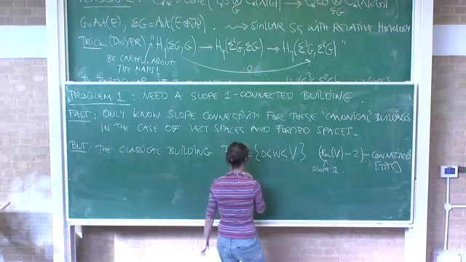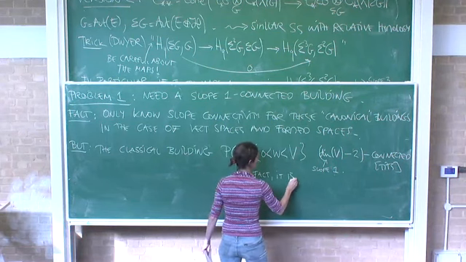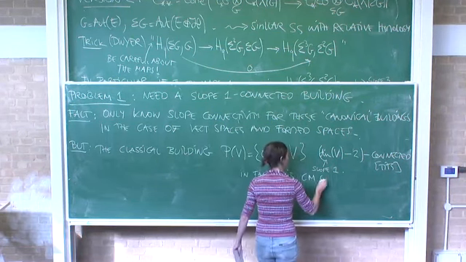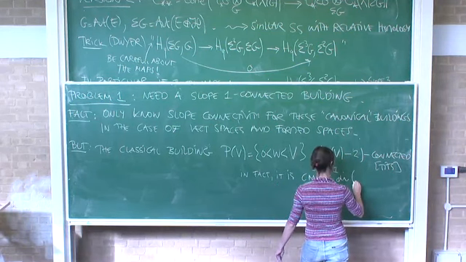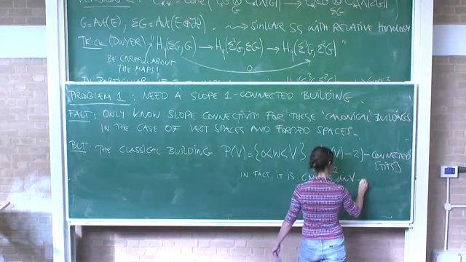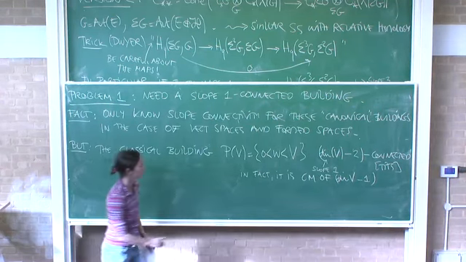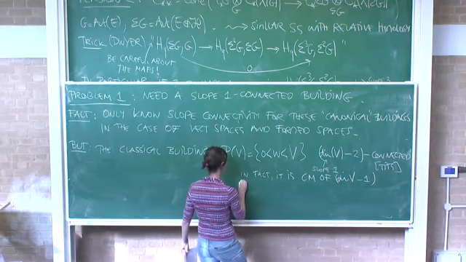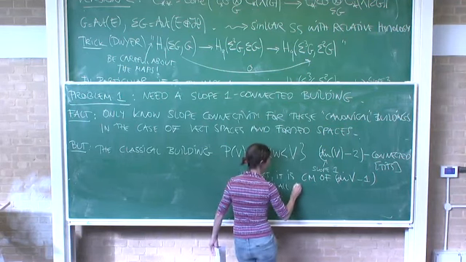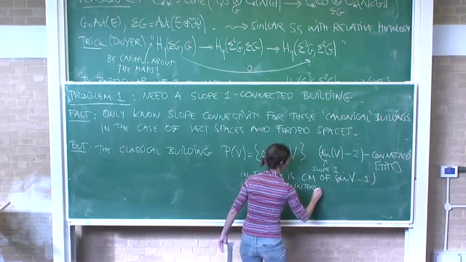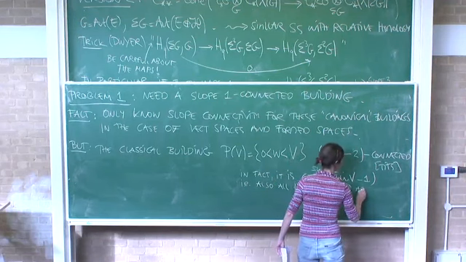In fact, it is Cohen-Macaulay of dimension V minus 1, which means that also all intervals in the posets are spherical.